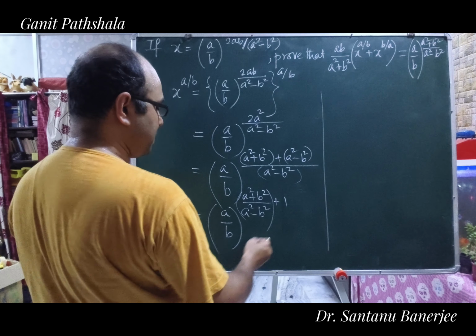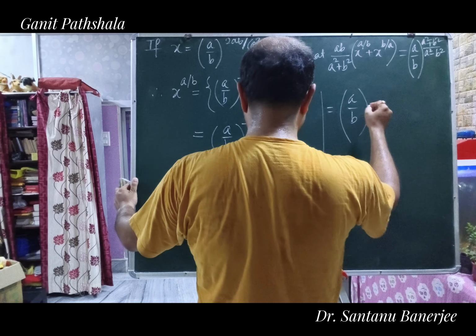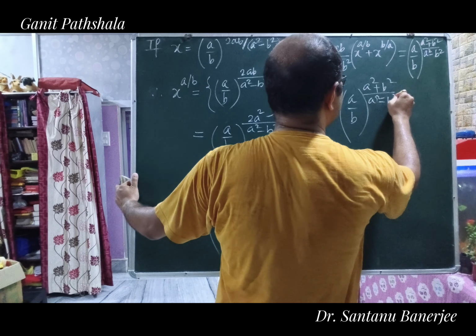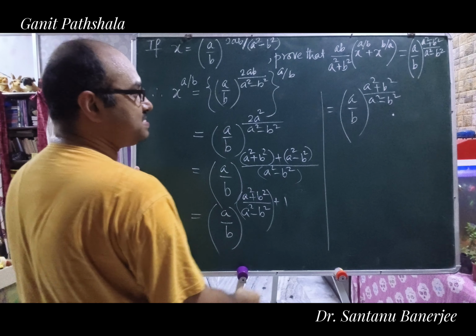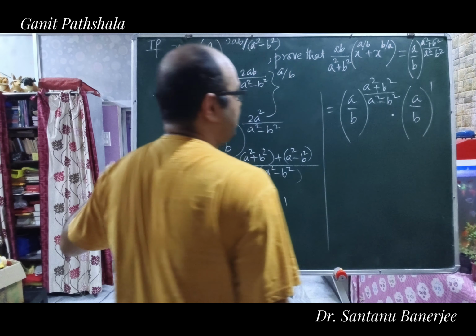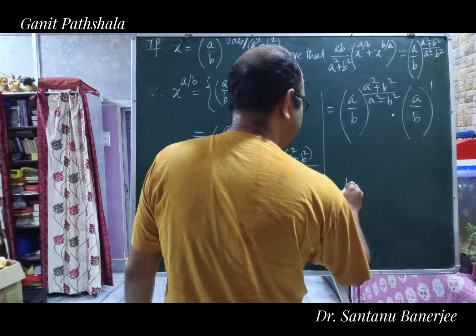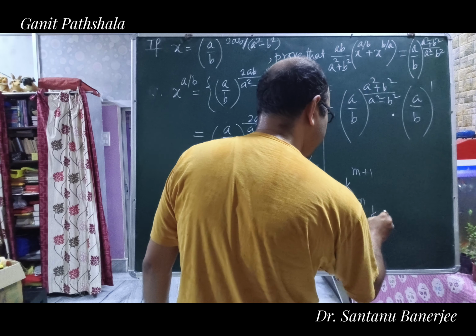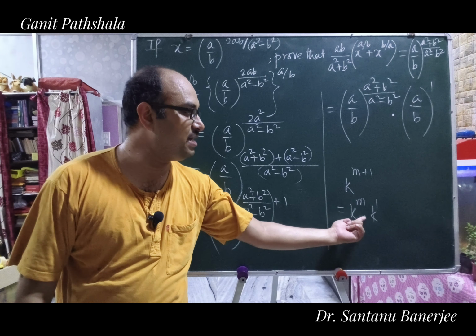It means that you can write this one as (a by b) whole to the power a square plus b square by a square minus b square plus 1, meaning into (a by b) whole to the power 1, because suppose you have k to the power m plus 1, which means k to the power m into k to the power 1.